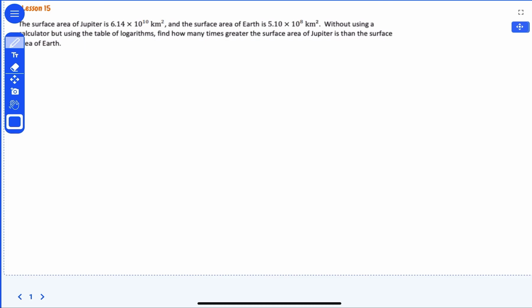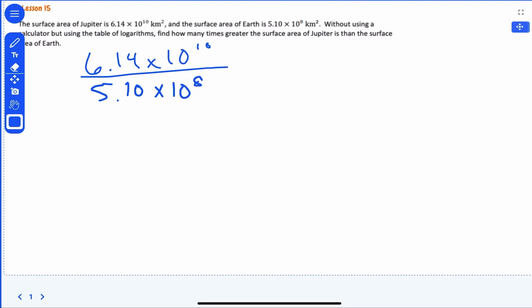How can we write ratios? As a fraction? So can we write this as 6.14 times 10 to the 10th over 5.10 times 10 to the 8th? Could we do that?